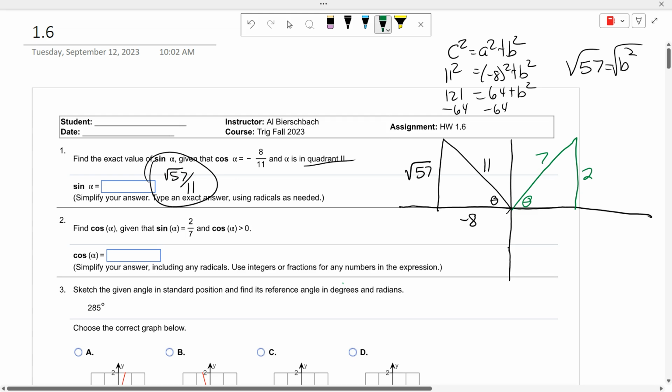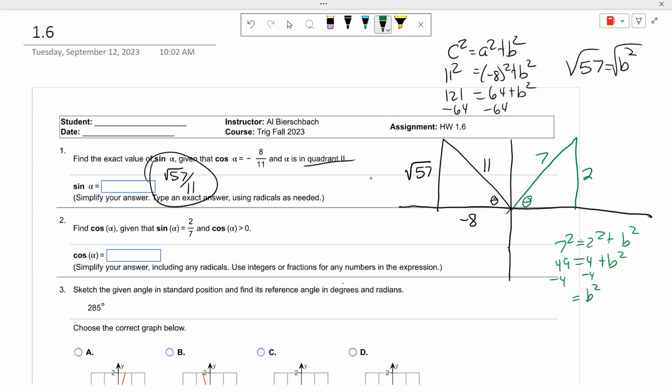Okay. So again, the Pythagorean theorem. 7 squared equals 2 squared plus b squared. So 49 equals 4 plus b squared. If we subtract 4, b squared equals what? 45.